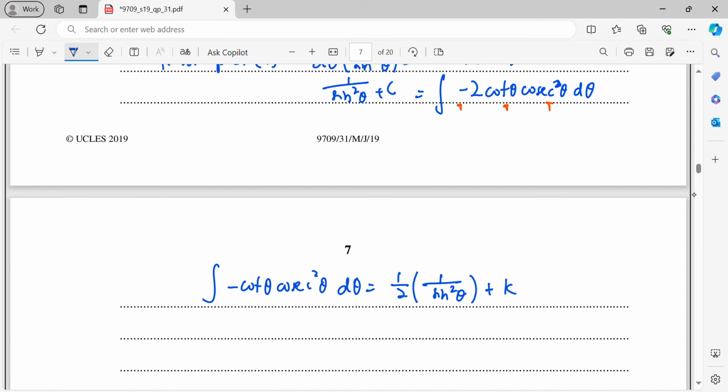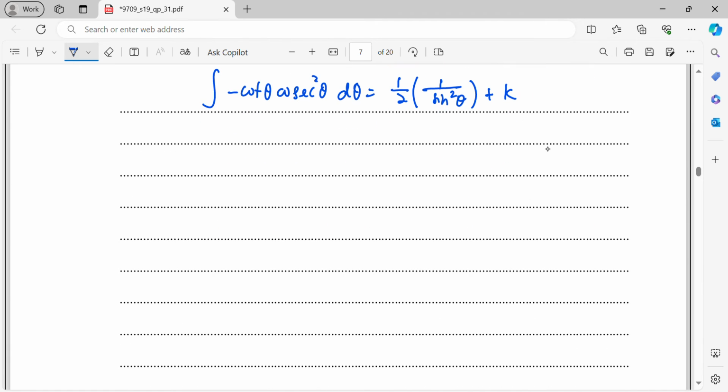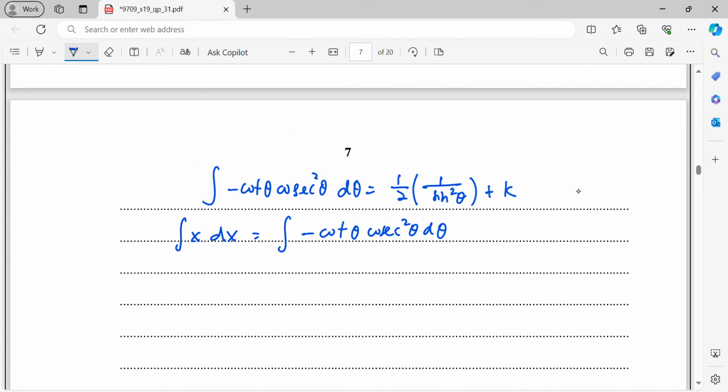Then I will directly replace this result into my differential equation. I rewrite the question: integrate x dx equals integrate minus cot theta cosec squared theta. For the left hand side, the integral is x squared over 2.